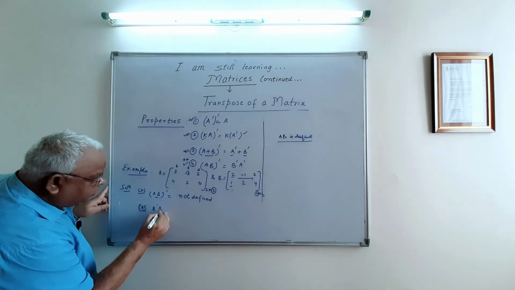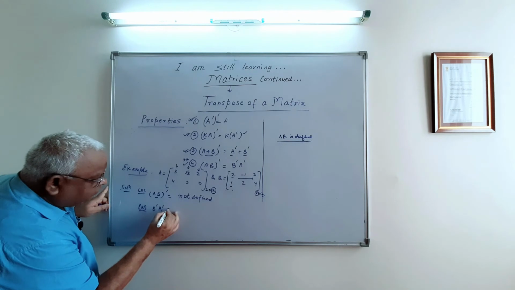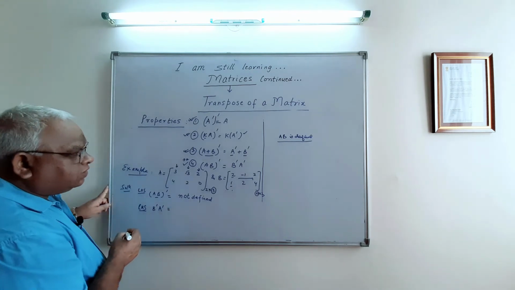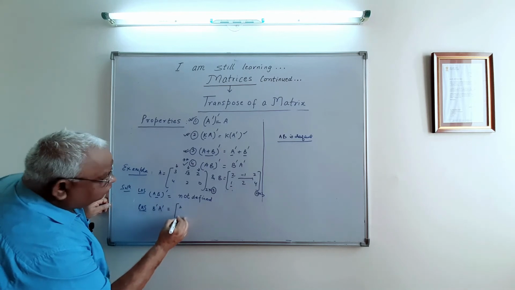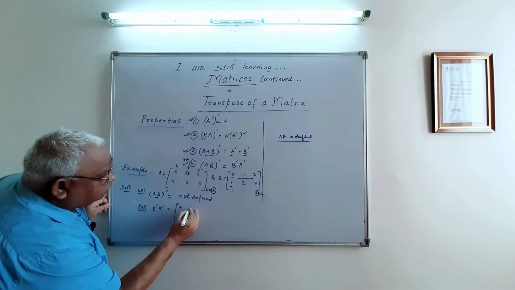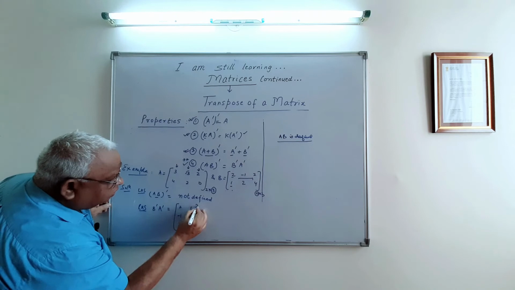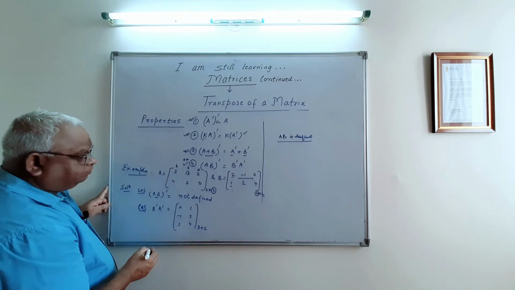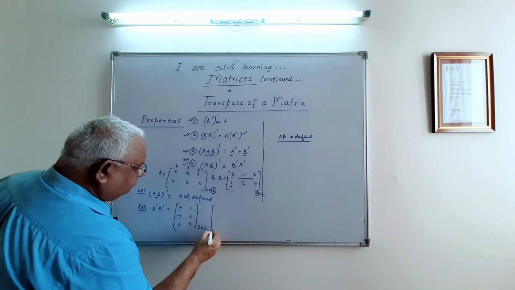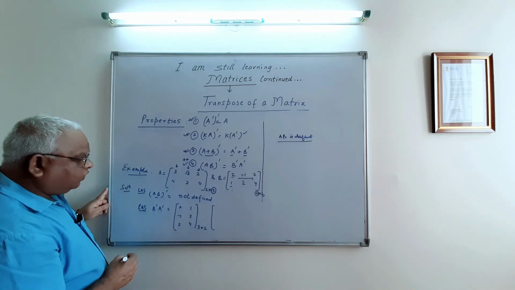Let us talk about B transpose, A transpose. What is B transpose? B transpose is 2, minus 1, 2, 1, 2, 4. This is 3 cross 2. And what is A transpose?